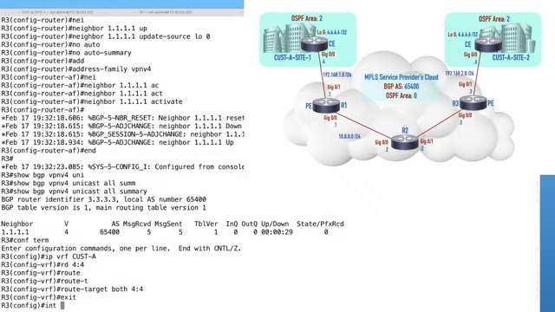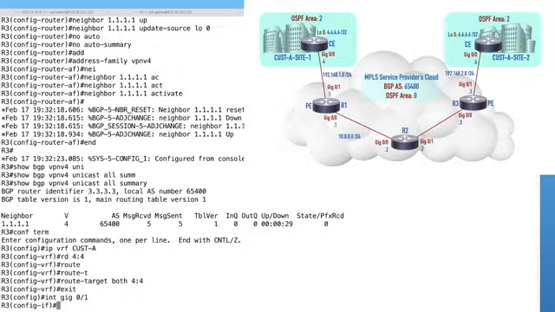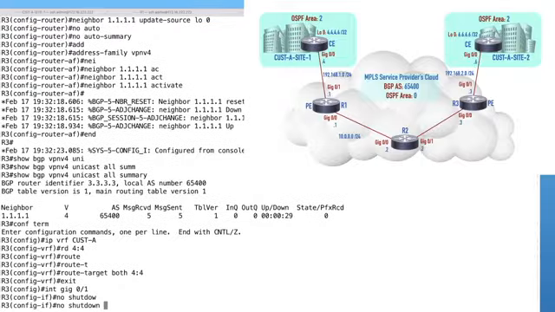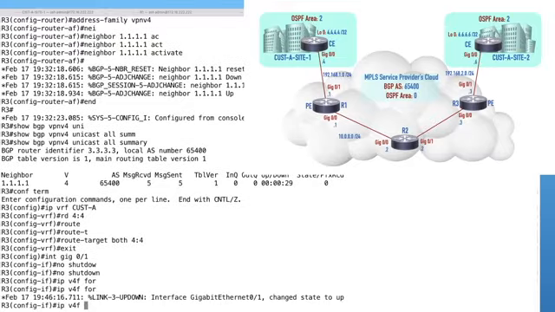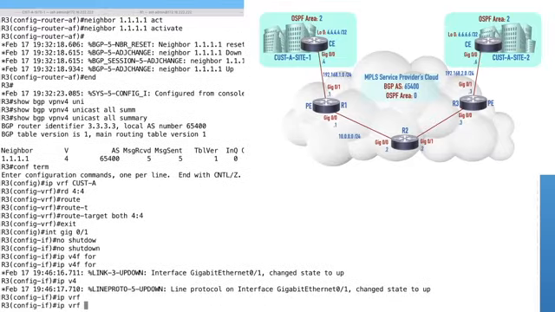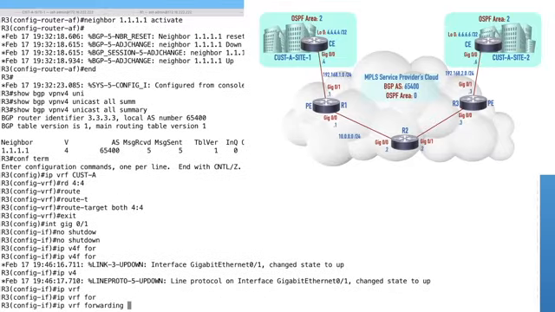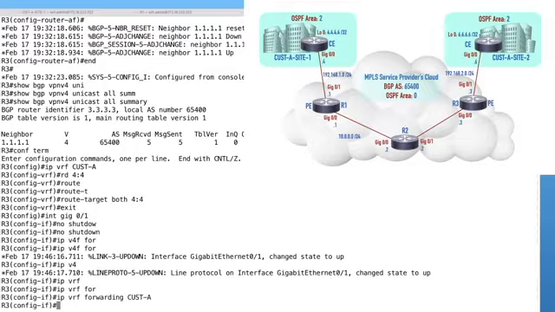Let's go into interface, double checking the topology, interface gigabit 0/1. We'll do a no shutdown. IP VRF forwarding for customer A on that interface.